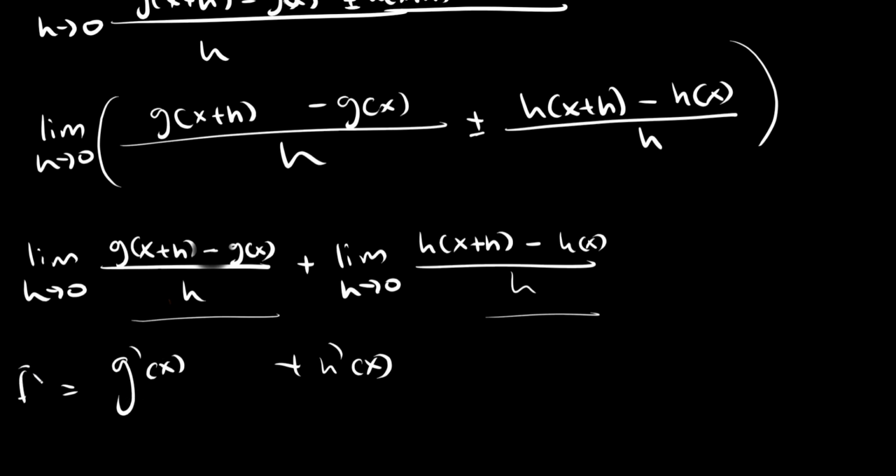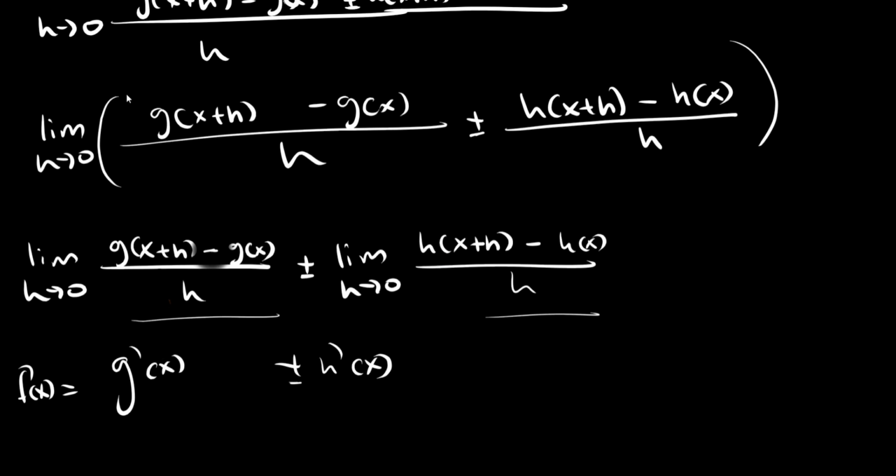So f prime of x equals g prime of x plus h prime of x. This is my rule for addition or subtraction; it doesn't matter, the rule stays the same.